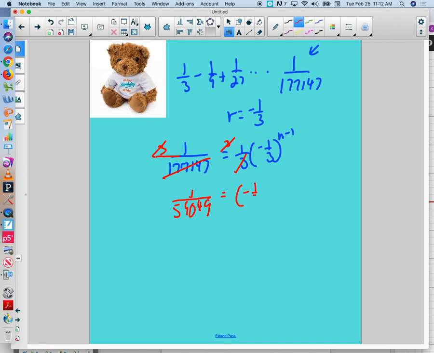And that would be negative 1/3 to the n minus 1. So now 3 to what power gives you 59049? 10. So n minus 1 is 10. And so n is 11, which is what I'd originally planned. Okay? So girls, once again, my mistake is when I multiply by 3, I multiply the bottom by 3 and not the top by 3. So it's probably best to write your algebra down.